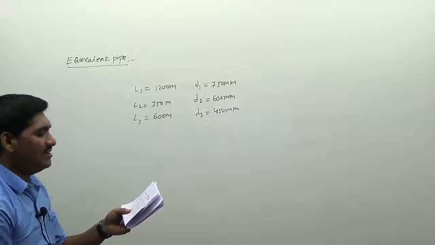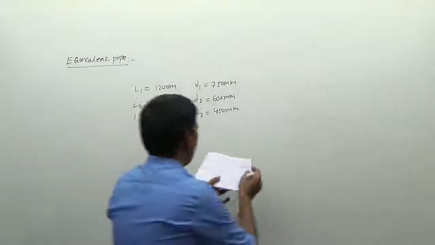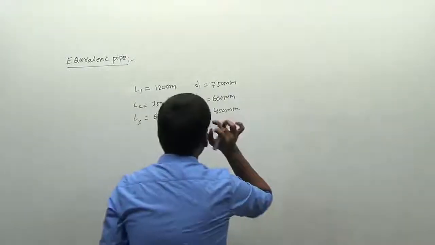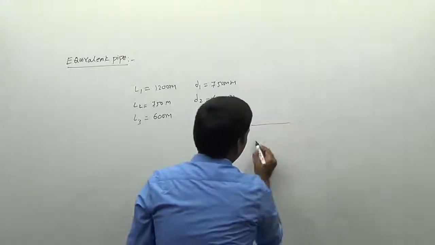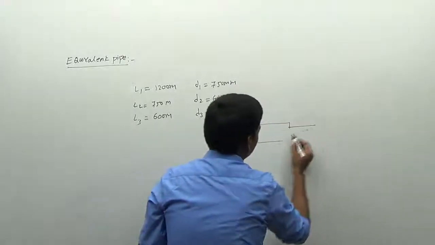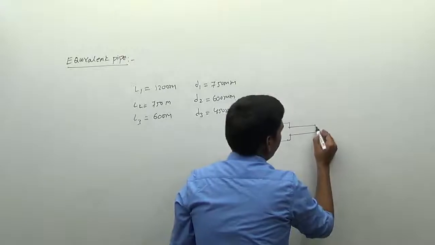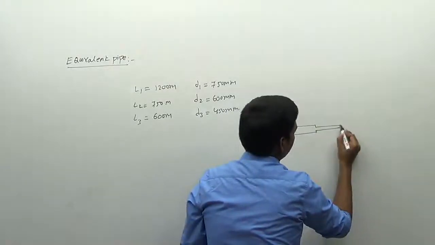Now we have to determine the values. First of all, let me draw the figure by using this arrangement. See, 750, it is actually reducing the diameter here. Again we are reducing the diameter here. You can observe the difference.